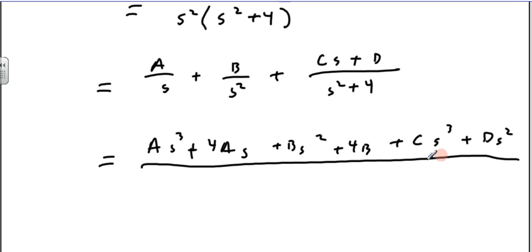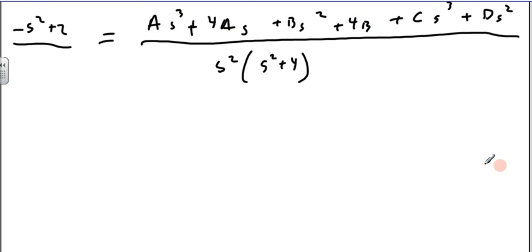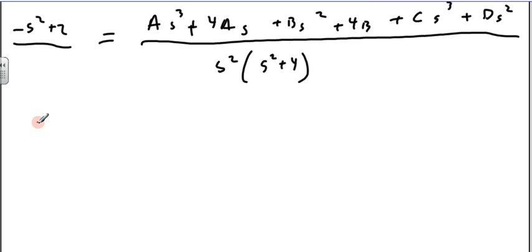And now I'm under s squared plus 4 again. And I look at what I had on top of it, minus s squared plus 2. Okay, so now I'm looking at how big this guy is. Okay, he's not that big. Okay, that's good. We'll continue.